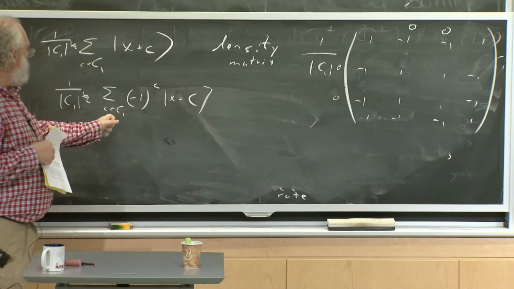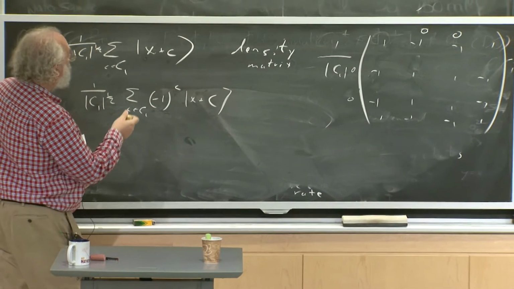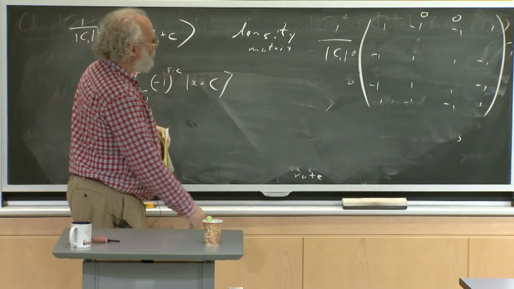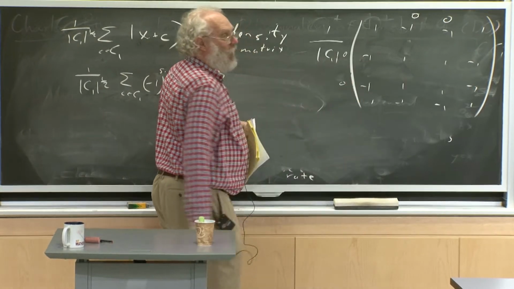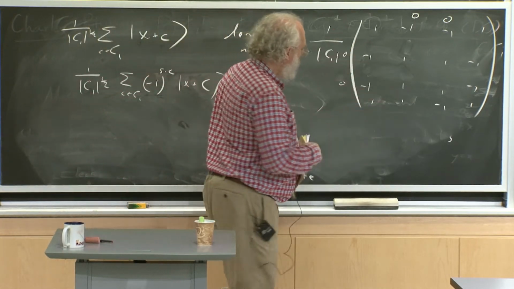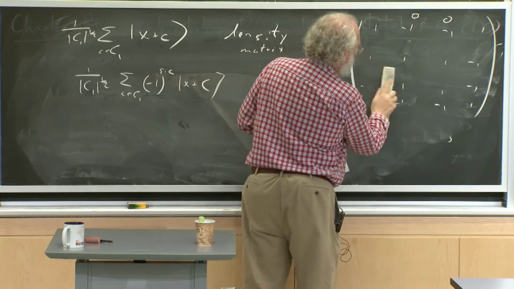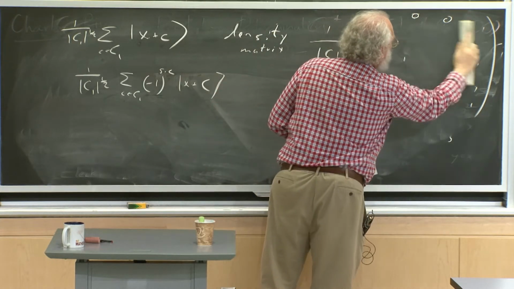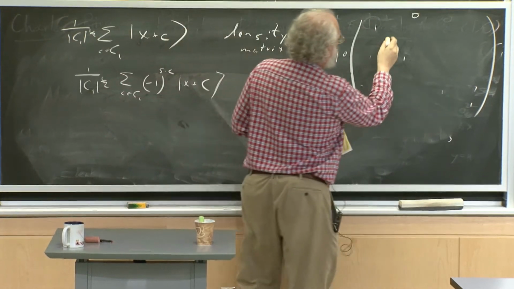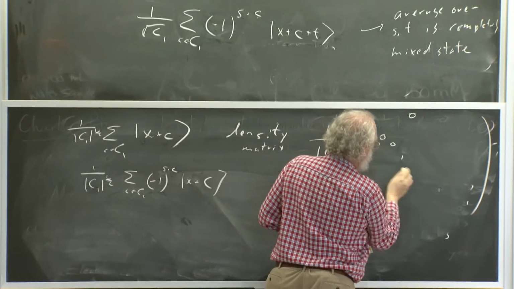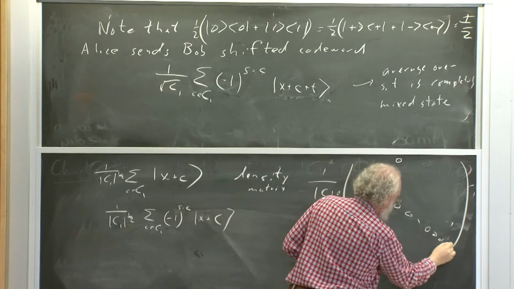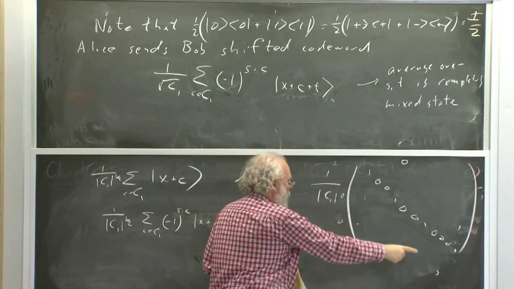And when you average it over all, oh, this is supposed to be S dot C. When you average that over all S, the off-diagonal elements are equally likely to be plus 1 and minus 1, so they cancel out, and the density matrix you get when you average over all the S's is just the diagonal.